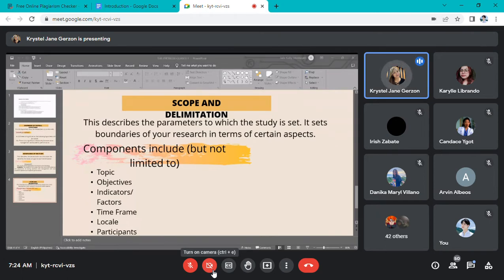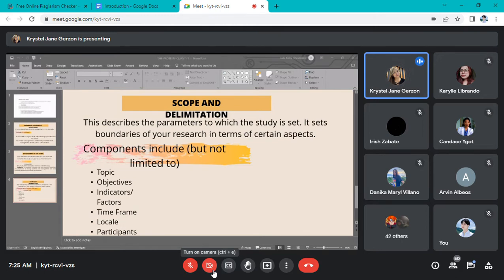Now, if you have noticed, guys, probably seeing a statement of the problem, and even when you looked for an instrument, when you measure a certain variable, naa silay mga indicators, or sometimes they're called subscales or factors, subvariables. Usually indicators ang tawag nila. So you can also discuss the indicators.